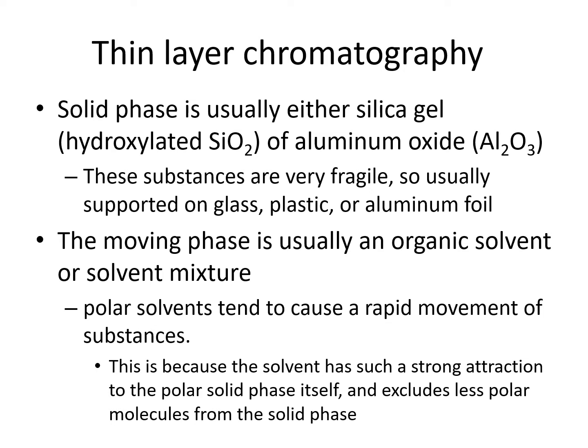These substances are polar compounds, which we use as the stationary phase, whereas our mobile phase could be a given solvent or a mixture of organic solvents depending on the nature of the compound or the mixture we are trying to separate.